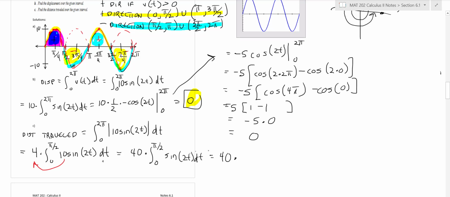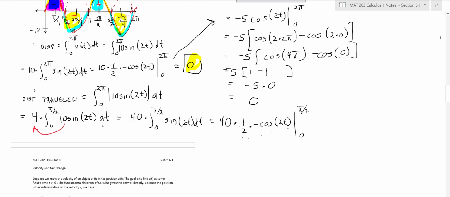But you have that constant, so it will be 1 over 2 times negative cosine of 2t, evaluated from 0 to pi over 2. Okay, like that. All right, so what we're going to have then is 40 over 2 is 20, so that's just going to be negative 20 times the cosine of 2t, evaluated from 0 to pi over 2.